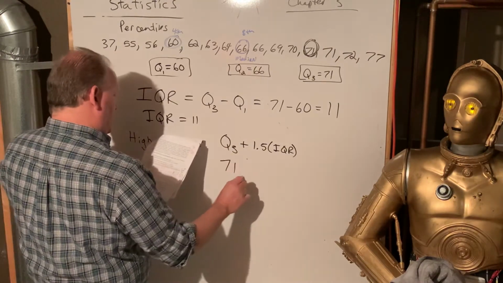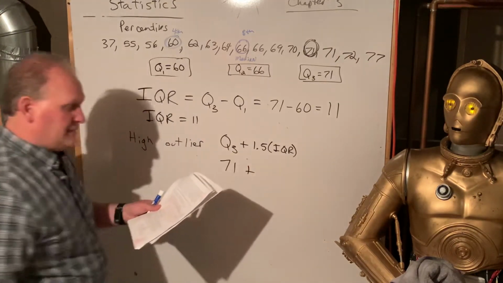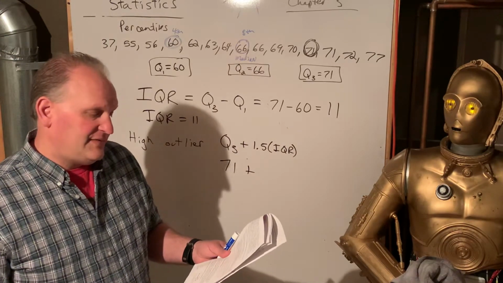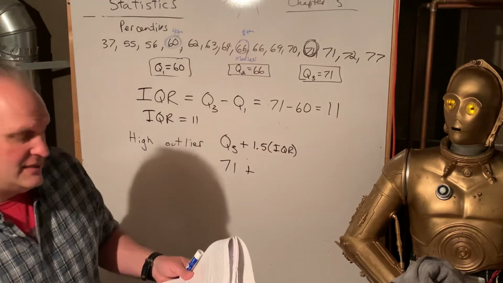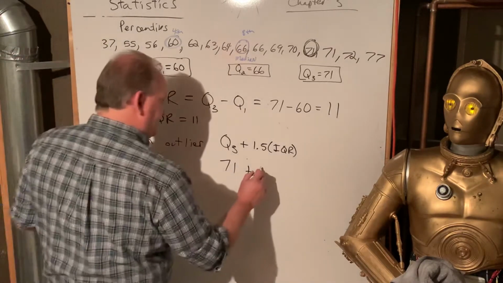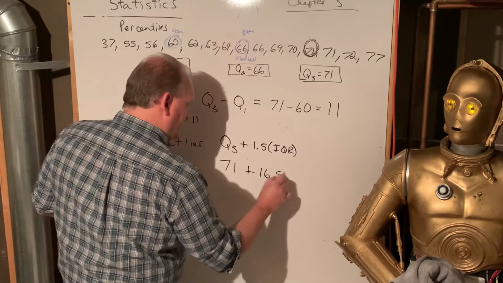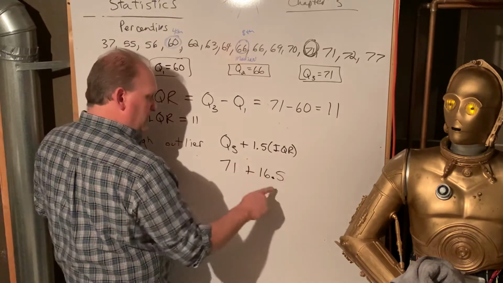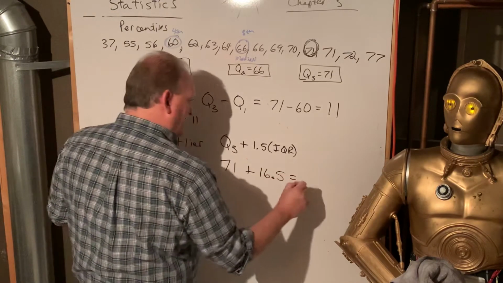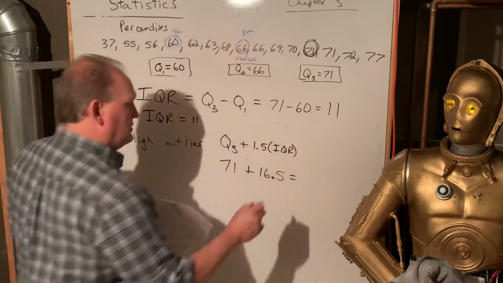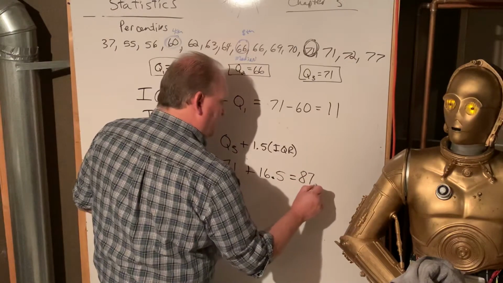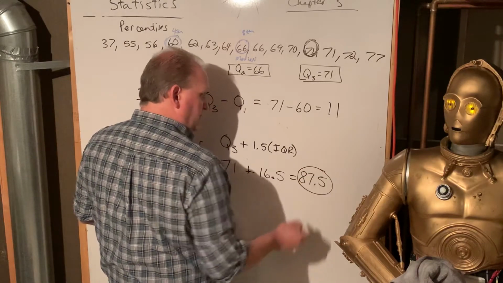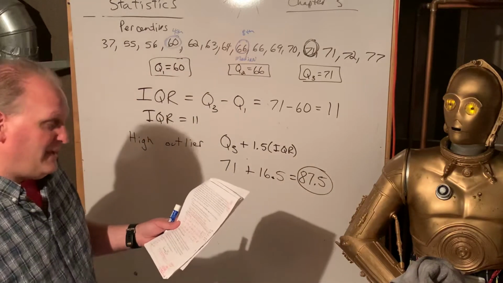So 71 plus, what is 1.5 times 11? Half of 11 is 5.5. Add it back on, it's 16.5. So that's no longer the IQR. That's 1.5 times the IQR. You add it to the upper quartile, and that is the threshold. So if it is above 87.5, it is a mathematical outlier. That's the boundary on that top end.